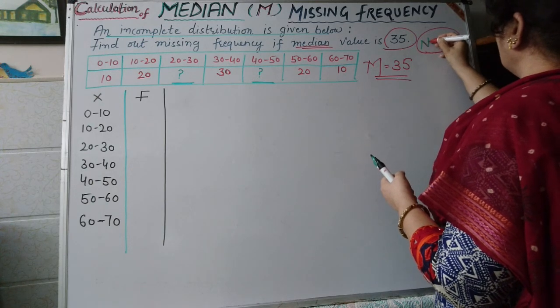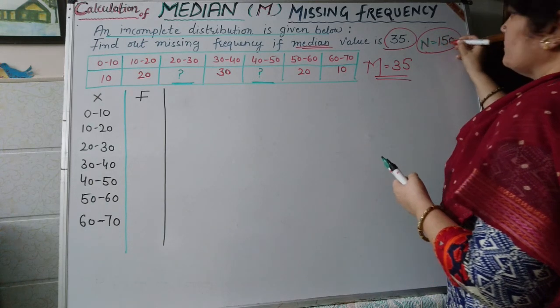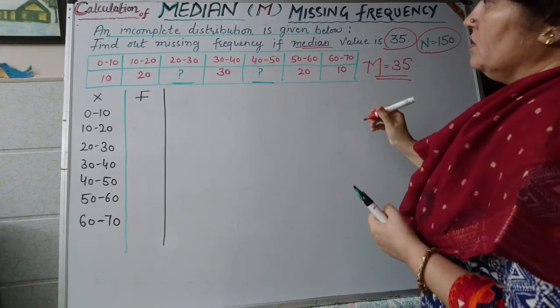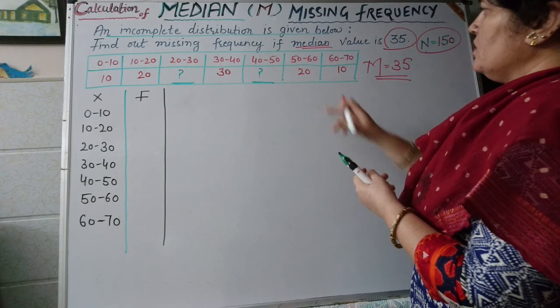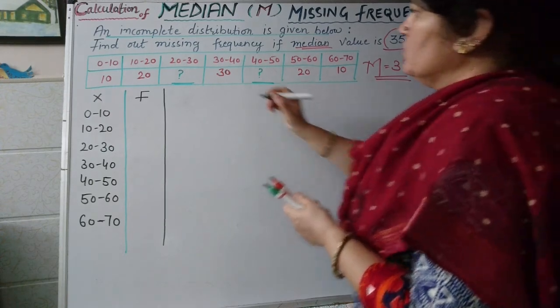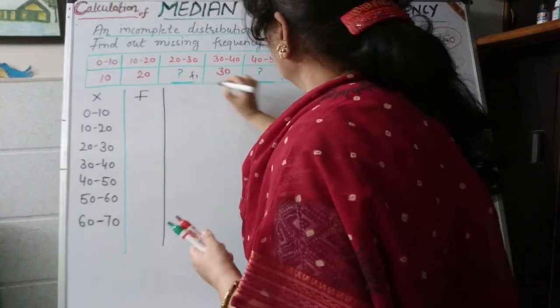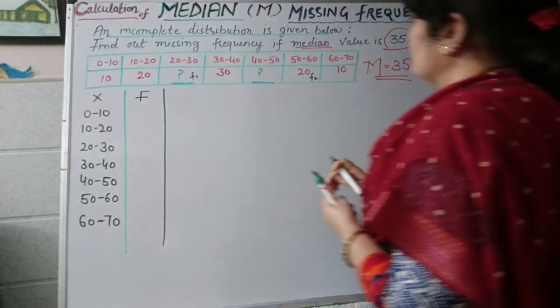N is equal to 150. So let us compute the first frequency and second frequency. So this is F1 and this is F2.